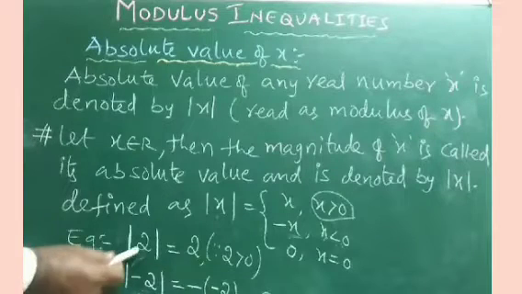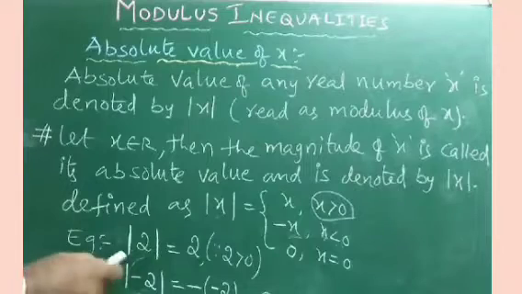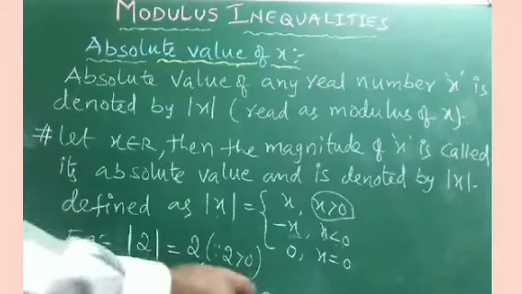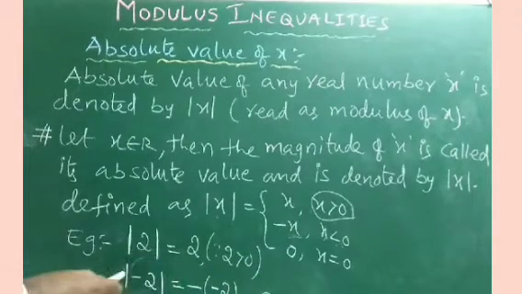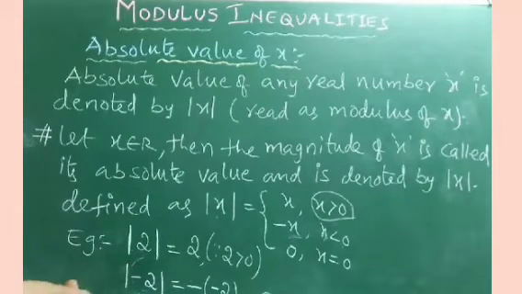Now if you observe, modulus of 2 is 2, and modulus of minus 2 is also finally 2. So that's what we consider: the absolute value of any real number is never negative.